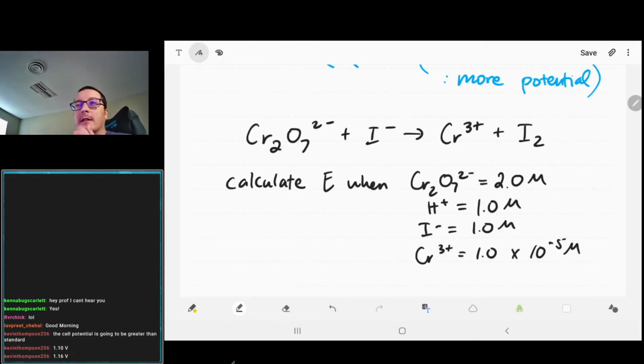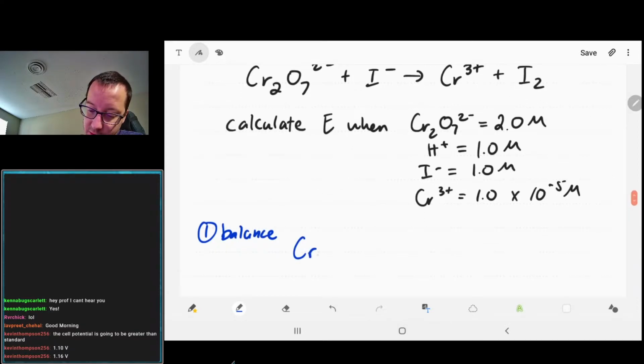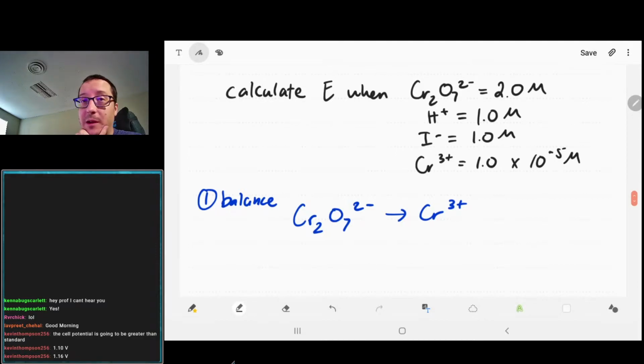Okay. Let's do this. So, in the book, they've given the actual equation, but let's practice our balancing skills. Let's do this in acidic solution. So we have our half reactions here. We have dichromate turning into chromium 3+. If we want to balance this, first thing first, we want to balance our chromiums.